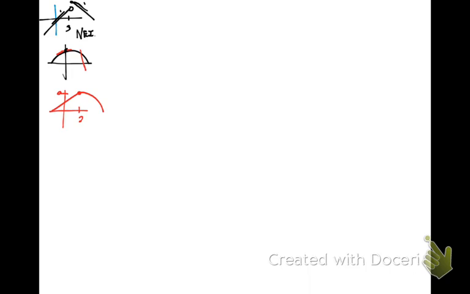But it's not differentiable, and it's not differentiable if we want to think about this in tangent lines. From the right, it looks like it's becoming a horizontal tangent. From the left, it's not getting closer and closer to horizontal, it's staying with a positive slope. So this is not differentiable, however it is continuous.